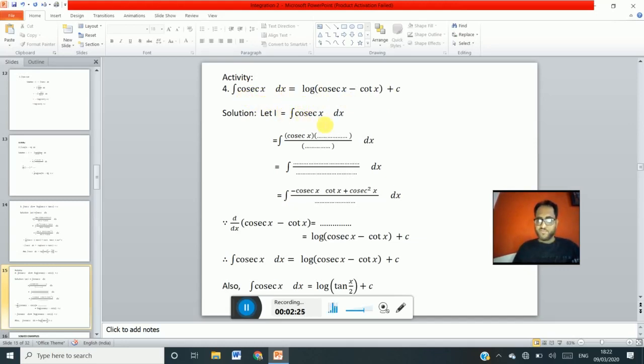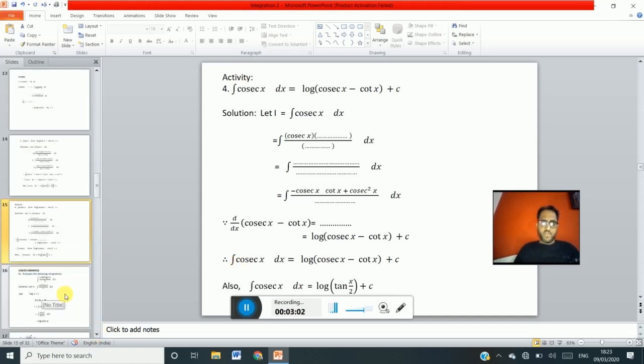Then how do we find it? Here we have to multiply and divide by cosec x minus cot x, as done in the previous proof. After that, cosec into cosec, cosec square, and cosec into cot, the step comes like this, okay? The denominator stays as it is, and on taking the derivative of cosec minus cot, log of cosec minus cot comes. So this standard form comes. So the result is log of cosec minus cot, or another result, the integration of cosec is log of tan of x by 2 plus c, right?